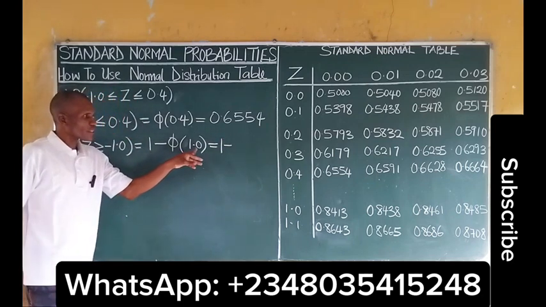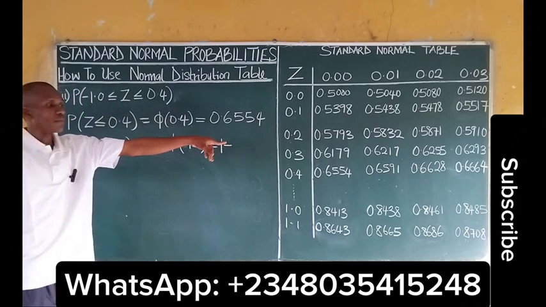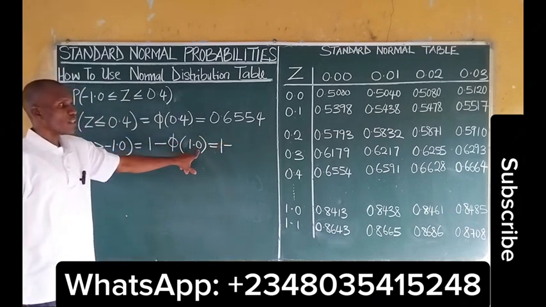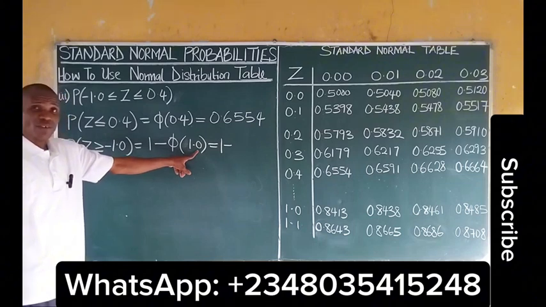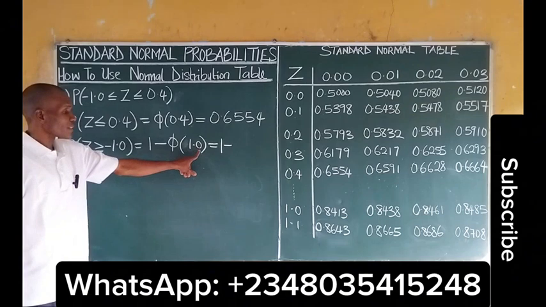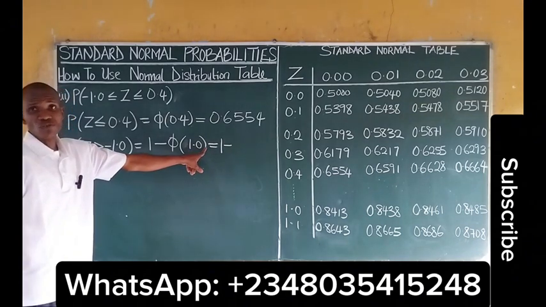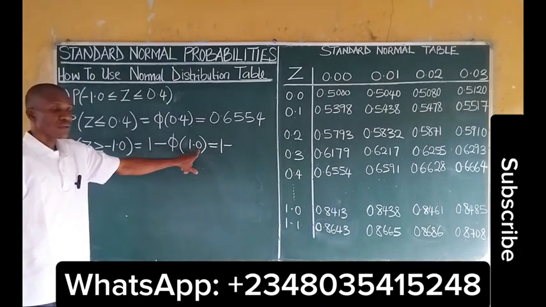So this will now give us 1 minus. How do we find 1.0 from the normal table? We look for 1.0 under 0.00.